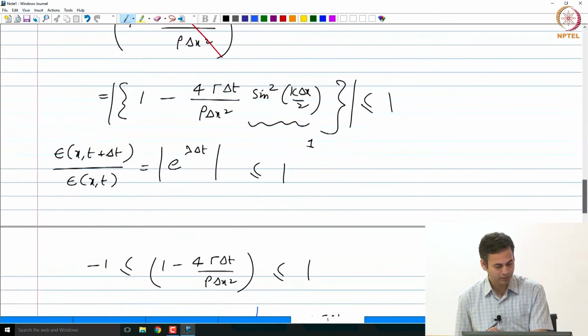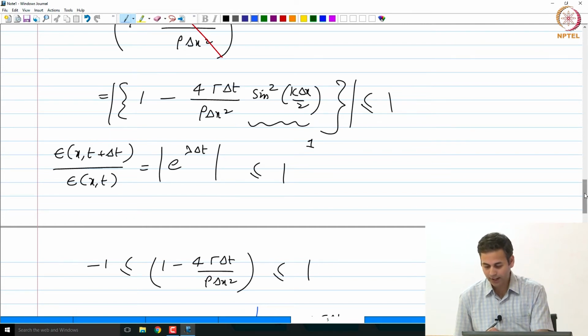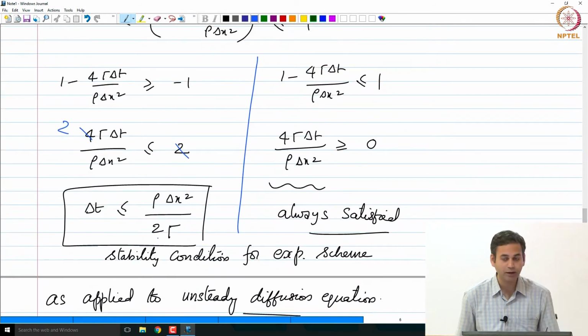So, this will become 1 minus 8 gamma delta t by rho delta x square, and that 8 would again eventually lead to a 4 in the denominator. So, that will essentially lead to rho delta x square by 4 gamma if you have a 2D problem.